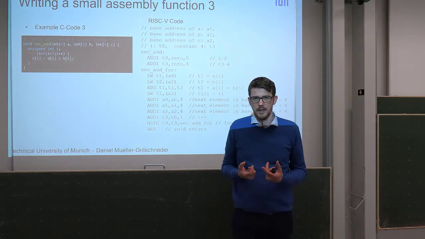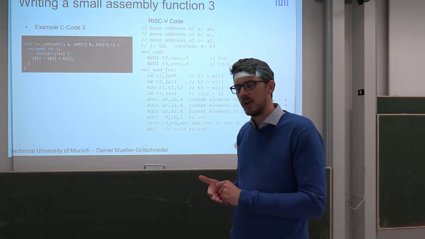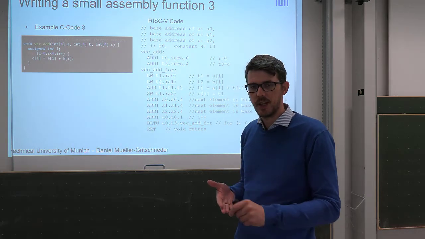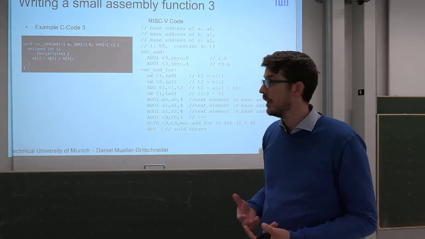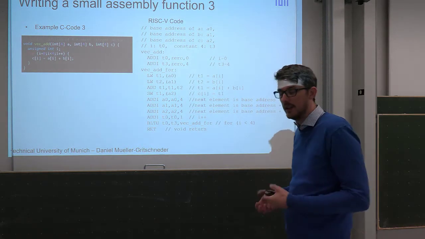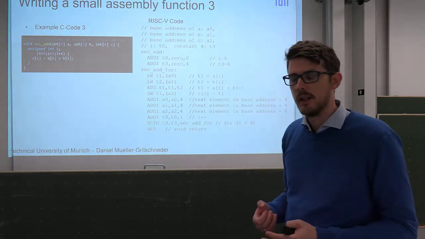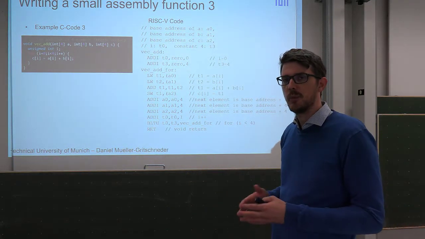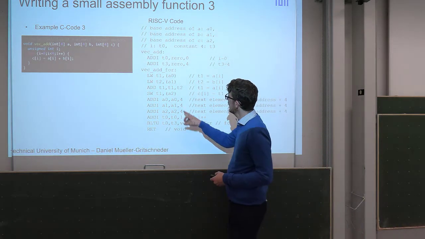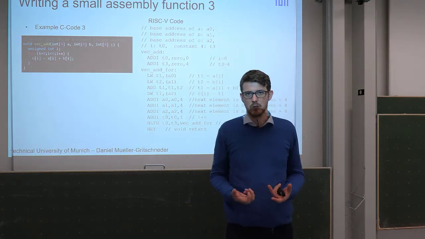Because in memory the addresses address bytes, so an address plus 1 is the next byte. Since A, B, and C are integer arrays, and integers are stored as 32-bit values, each integer occupies 4 bytes. Therefore, you have to increase the address by 4 to get the next 4 bytes, which is the next integer value.